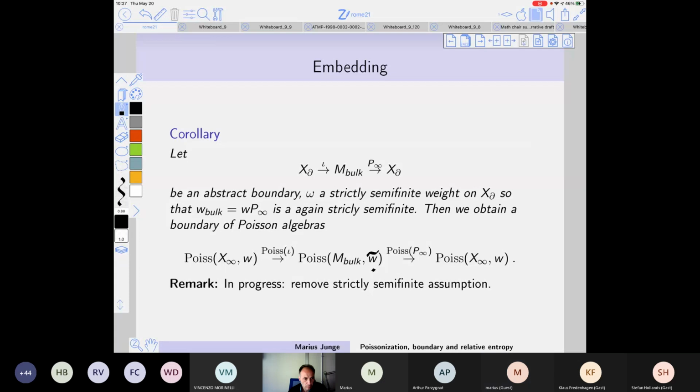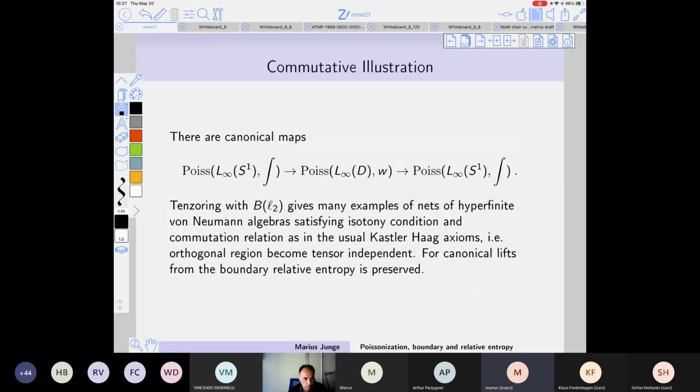Okay. Now, in a canonical example, we can do this, for instance, with the circle and the boundary. If you apply this to the circle and the boundary, we would take here the Haar measure on the circle. And then you have many choices to choose W here. That is, again, the delicate part.